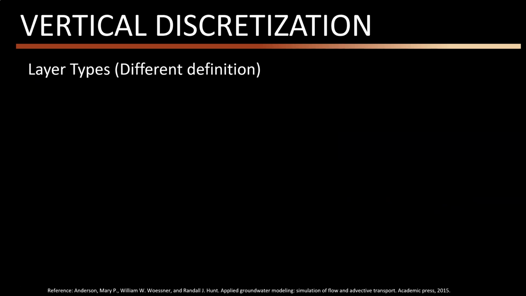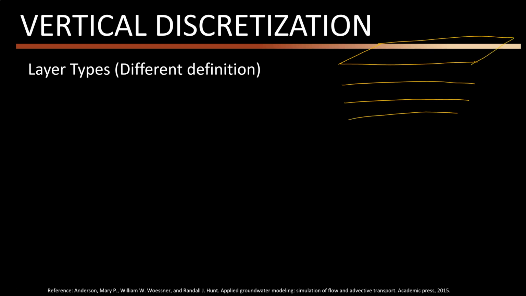As a groundwater modeler, you have to go and discretize the Z direction of your model. For example, suppose that I have a groundwater model like this, which has 3 layers. We usually use the hydrogeological or geological units information to define these cells.